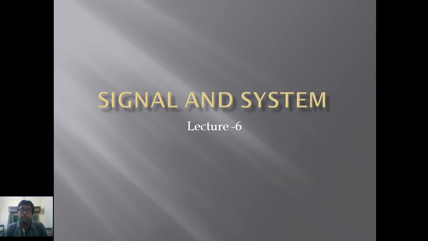We have realized the basic properties of a system, what an LTI system is, and why it has been named LTI. We started with the basic properties of a system, in which we have only discussed the linearity property. We have completed how the linearity property works in the case of a system.